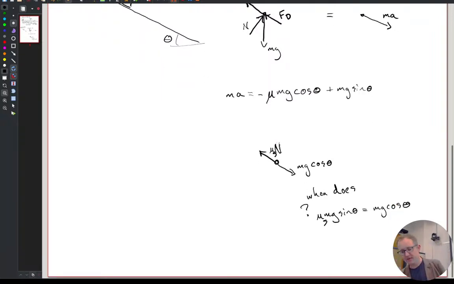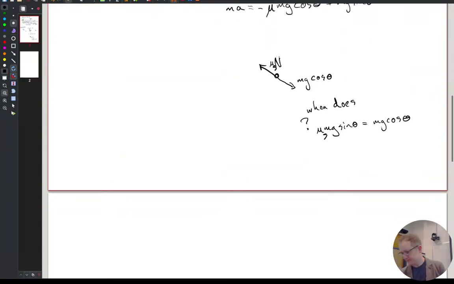Oh, I'm blocking it with my chat box. But we would have to answer this question first of when is this going to be satisfied, such that, and here it's not a function of velocity, right?